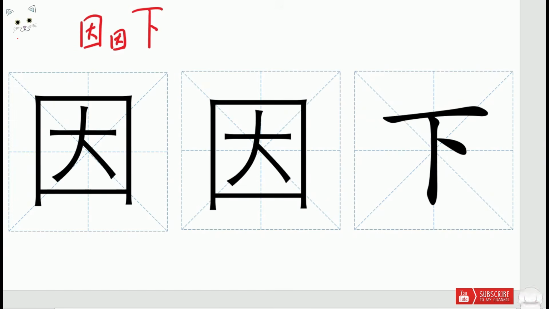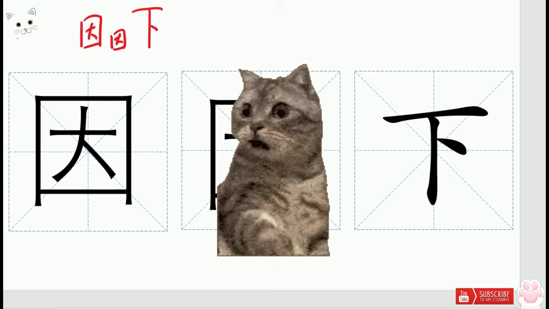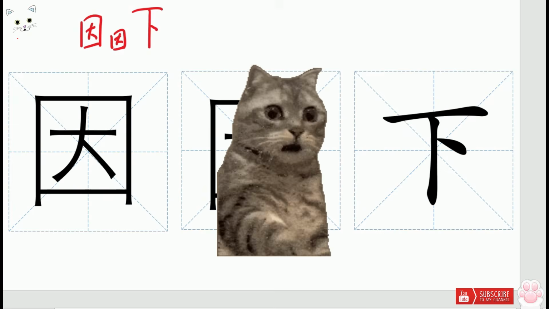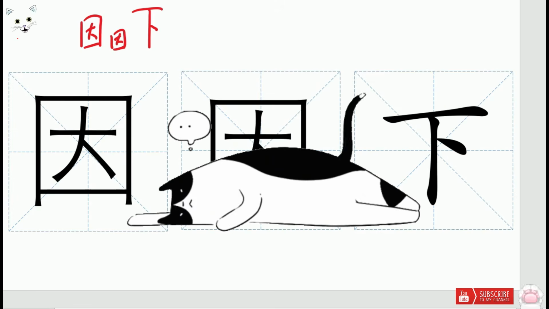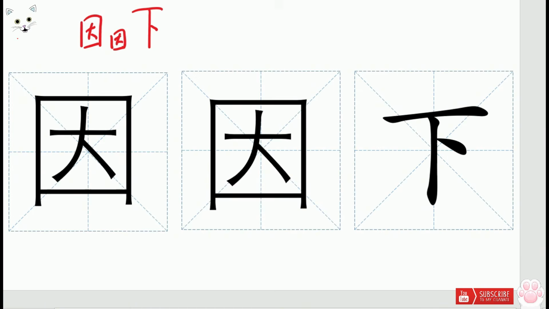Okay, sometimes it could be very difficult for other people to recognize what you write. So what's the point of writing if it's not recognizable? Therefore, in the early stages of practicing, the grid helps us maintain balance in our character writing. Alright, now get your grid book.